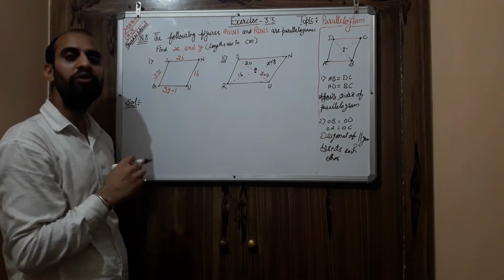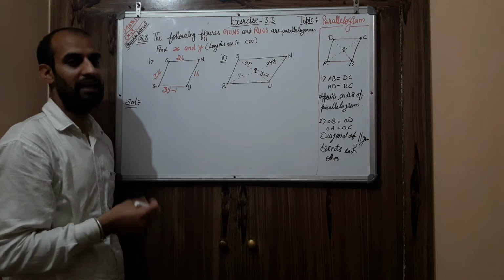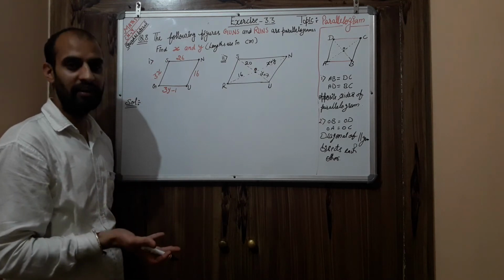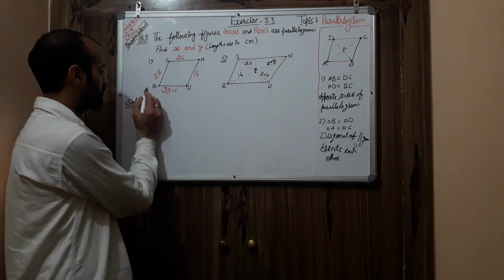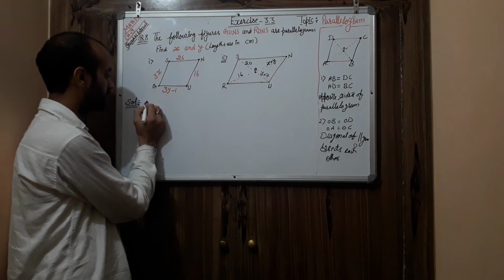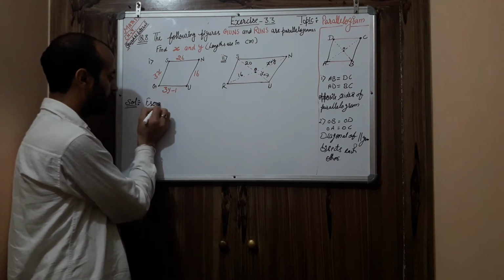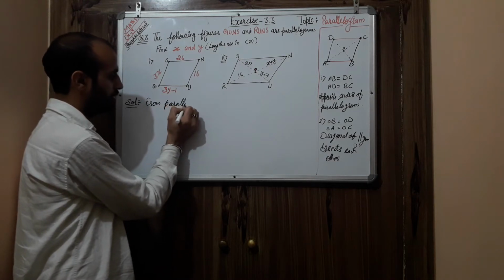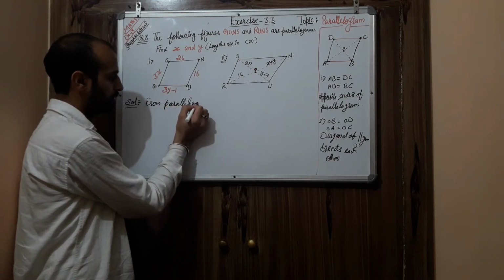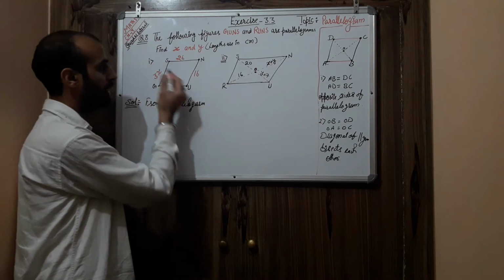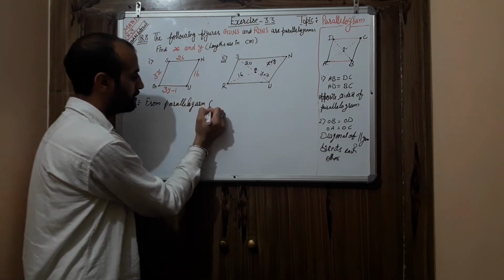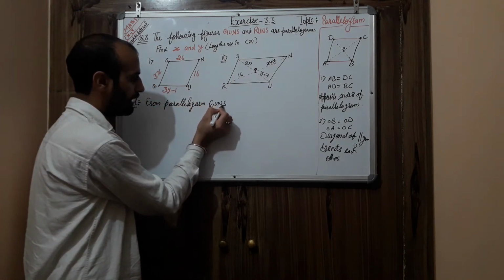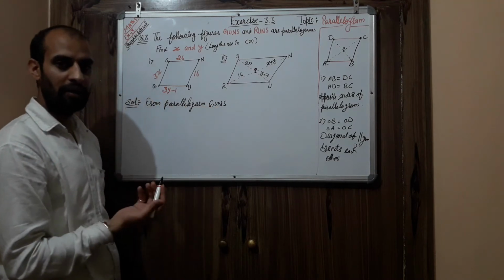So here we are going to utilize some properties of parallelogram, and by using the property we will find the answer. So let's start. How to start? You can write here: from parallelogram, the name of the parallelogram is GUNS. What can we write from the parallelogram?